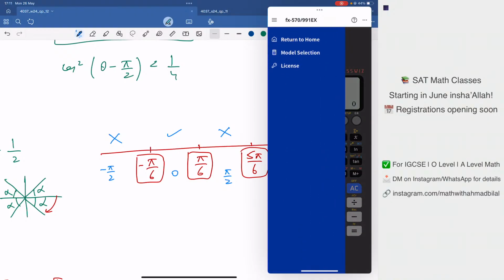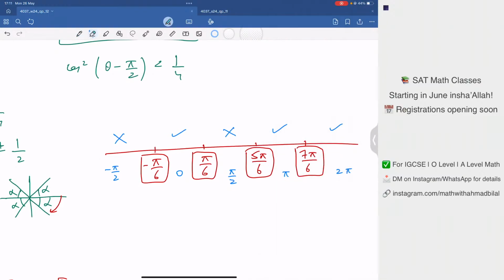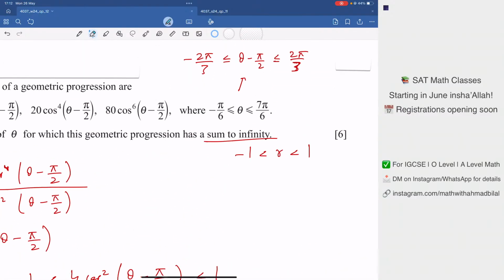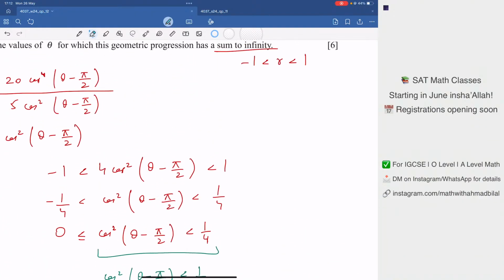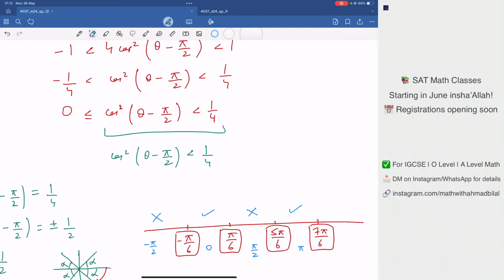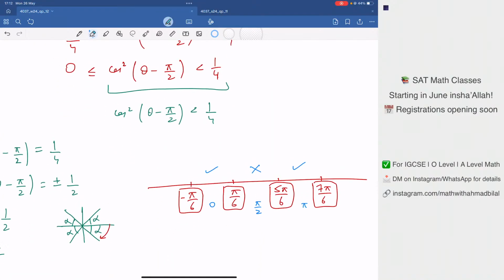Okay, we actually should not try a number that's far away because we're going up to 7 pi over 6. We have to stay inside that interval, between minus pi over 6 and 7 pi over 6. Let's not consider these because they are not needed. The only intervals that we need are in the middle.